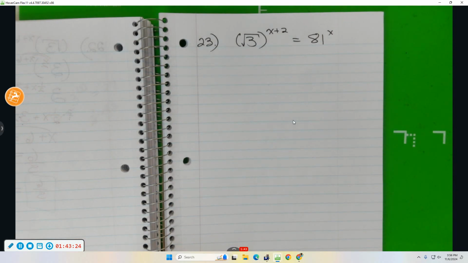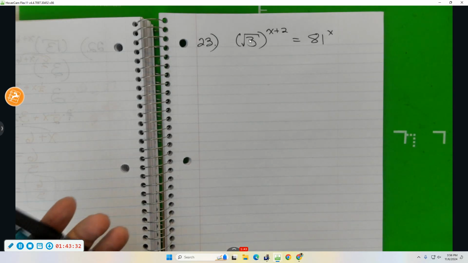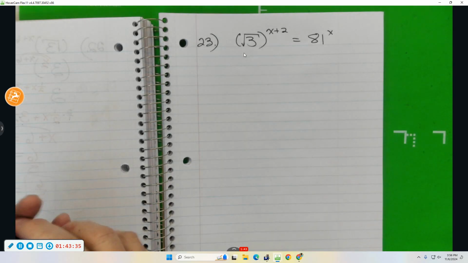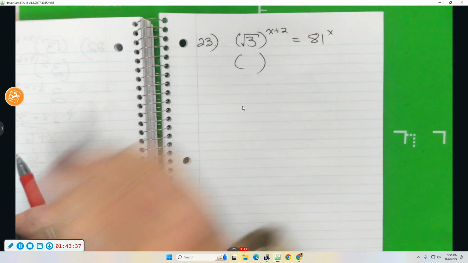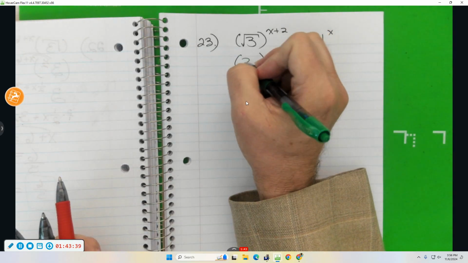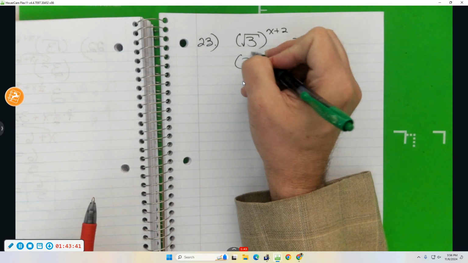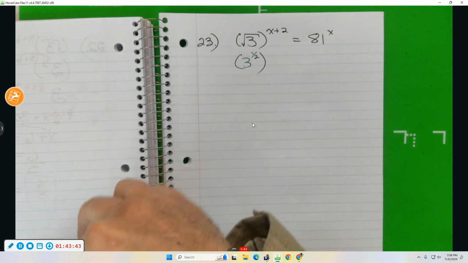What am I going to do first? What do y'all think? I'm going to get rid of the square root. That square root of 3 is the same thing as 3 to what power? The 1/2 power. Good.